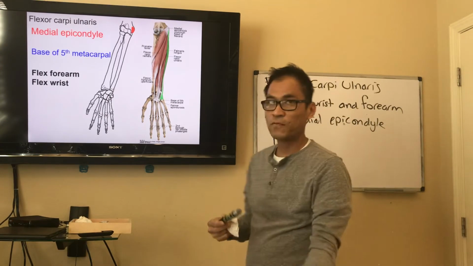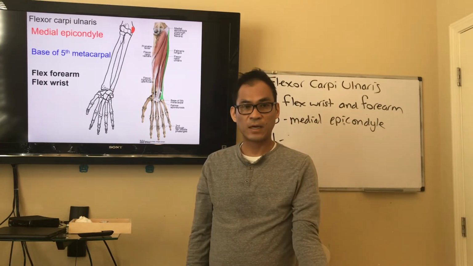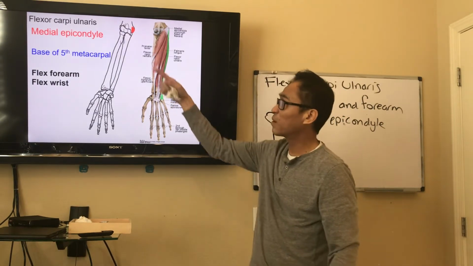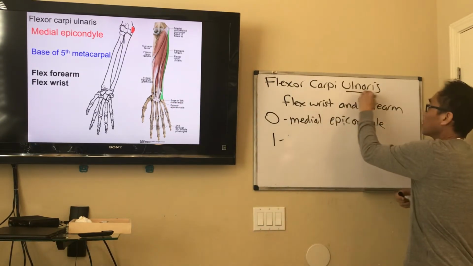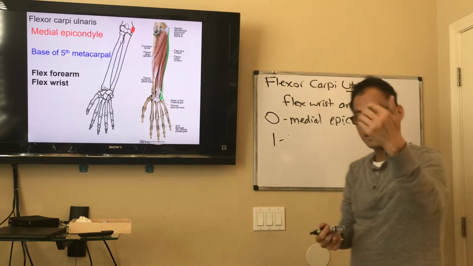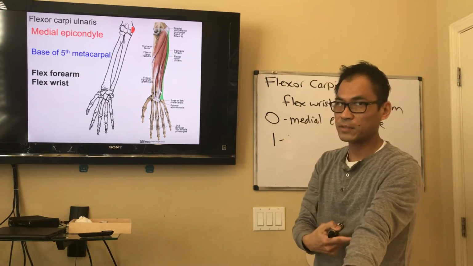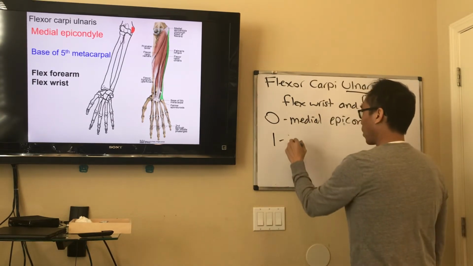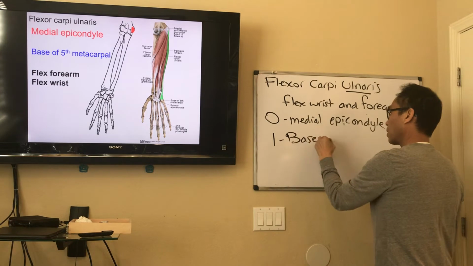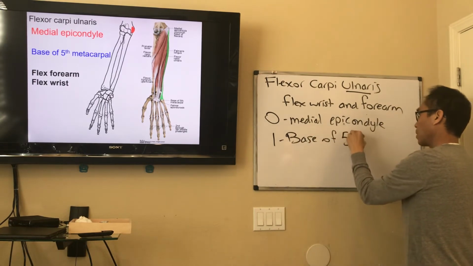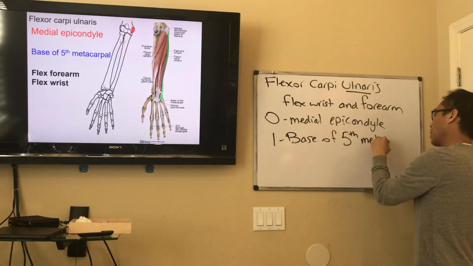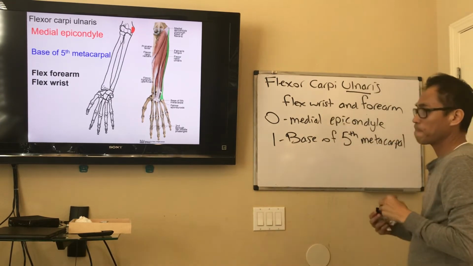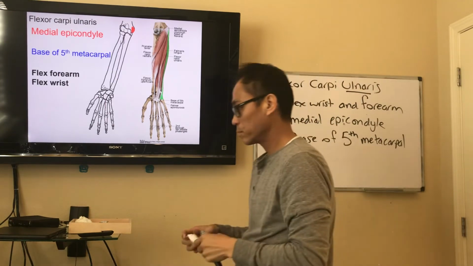Again, it can flex forearm, it can flex wrist, and it's on the ulnar side, okay, hence ulnaris. So we got radial side, rad, and the other side, on the pinky side, that's the ulnar side. It inserts on the base of the fifth metacarpal.